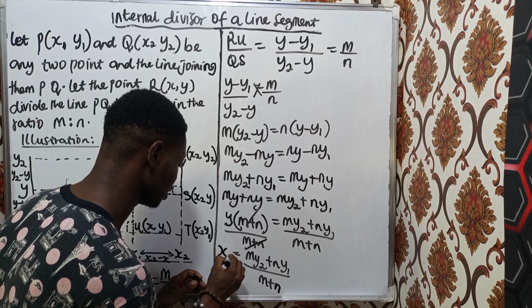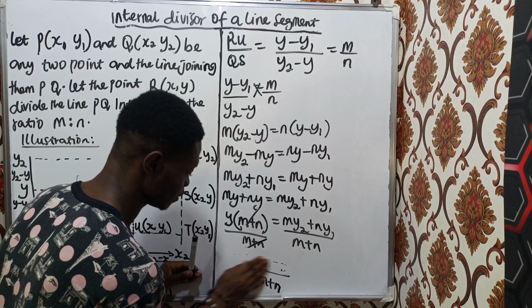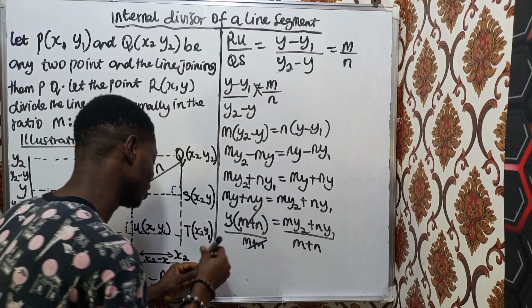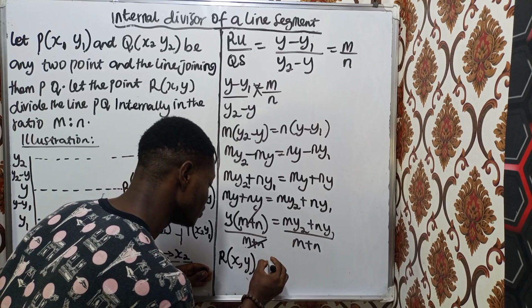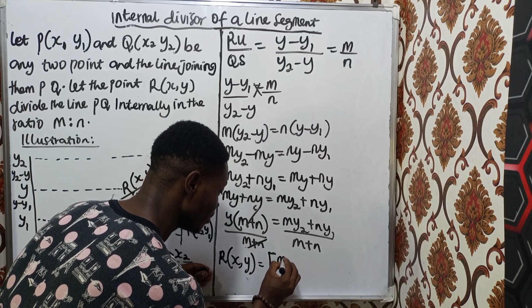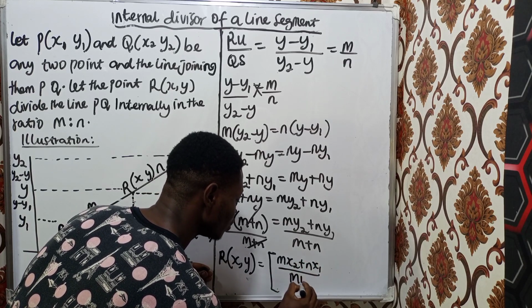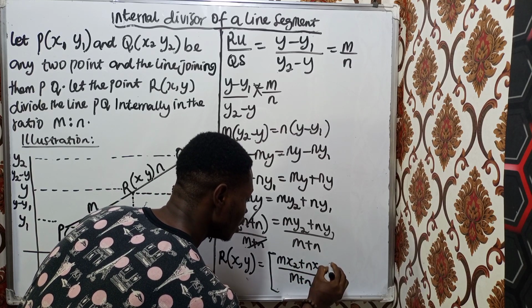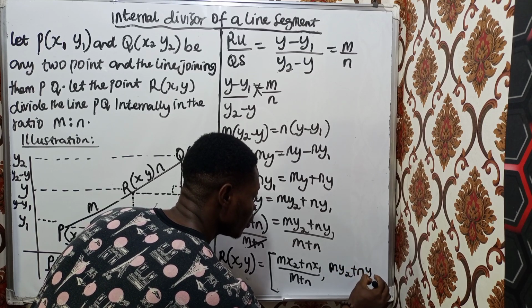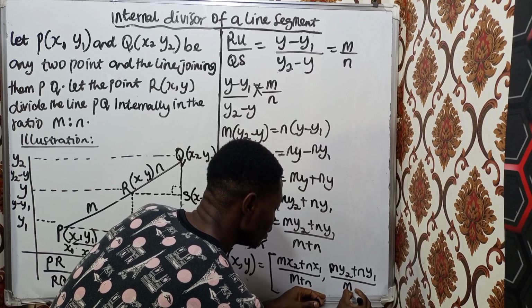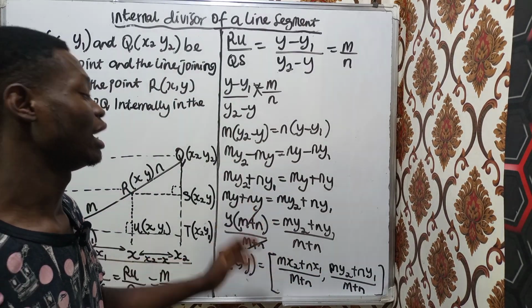So it's going to be R, the coordinate, that's our internal divisor, is equal to ((mx2 + nx1) over (m + n), (my2 + ny1) over (m + n)). So these are the two coordinates for x and y.